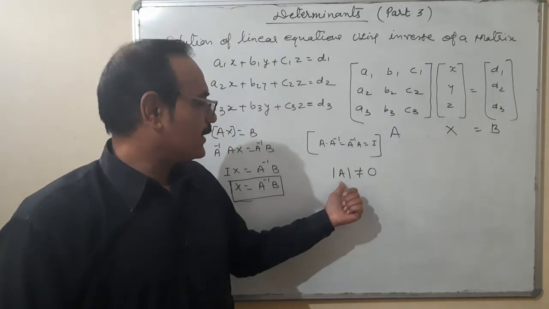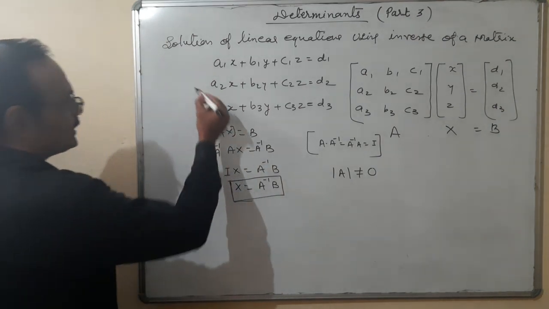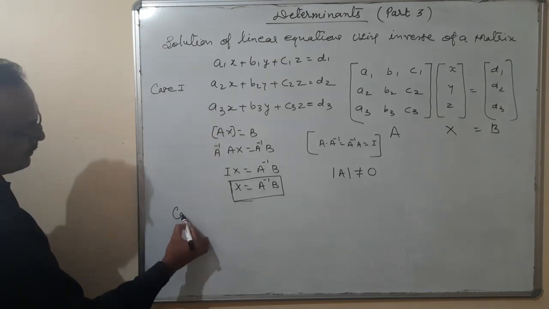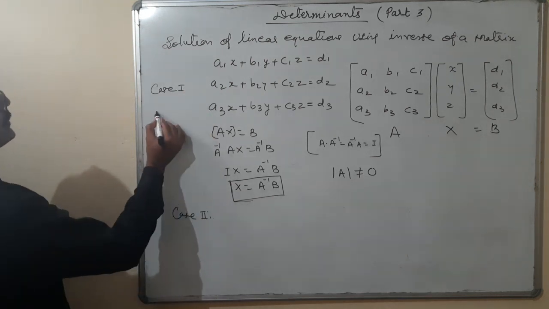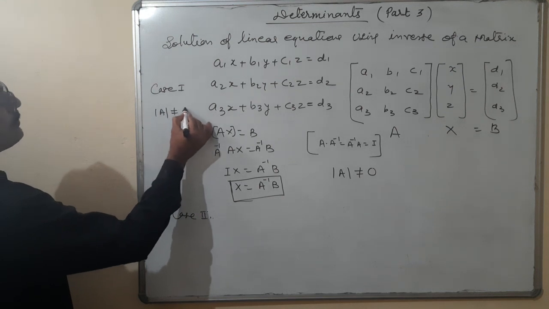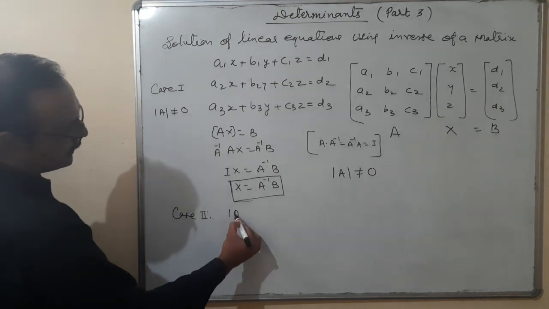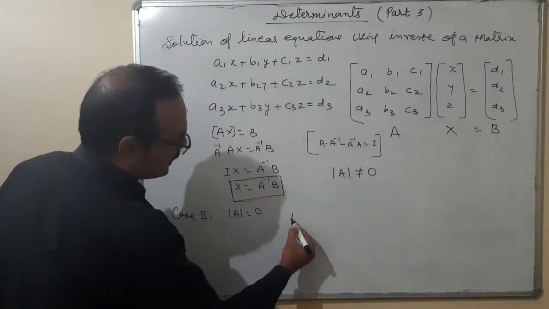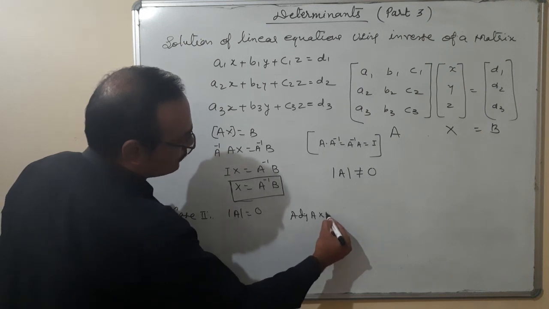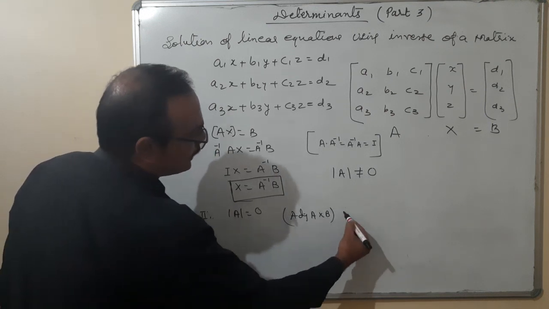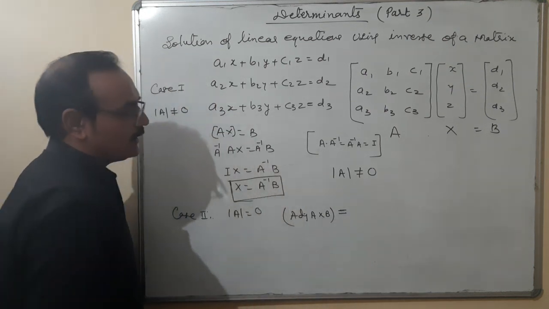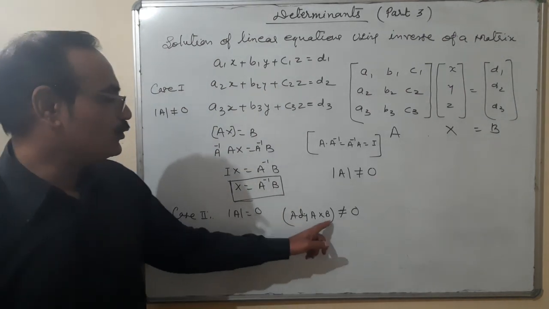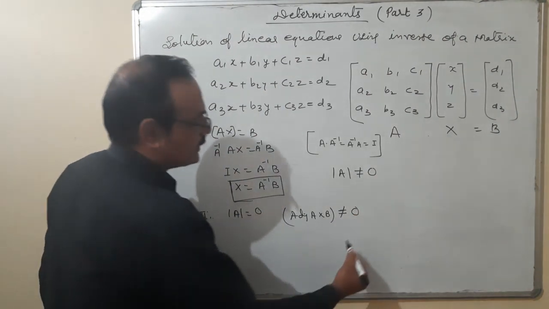Second case. In case 1, the determinant value of A is not equal to 0. In case 2, the determinant value of A is equal to 0. Then we have to find adjoint A into B. If adjoint A into B is not equal to 0, that means it has no solution.